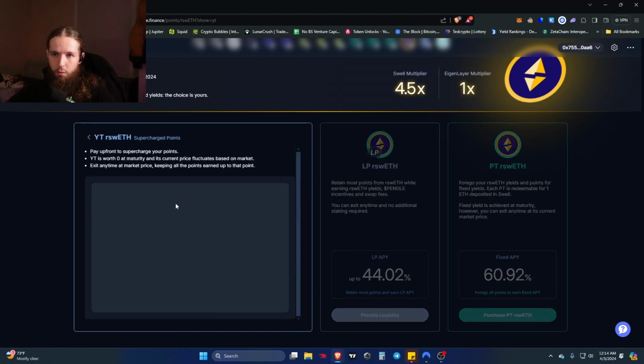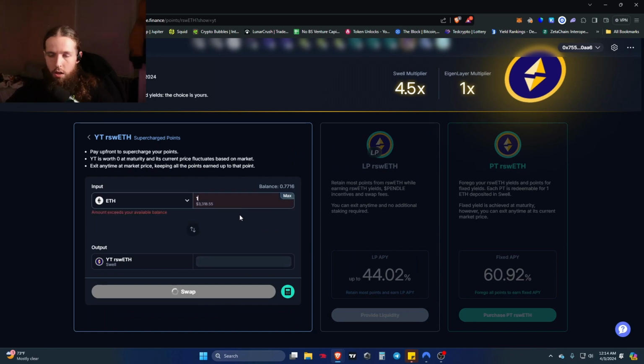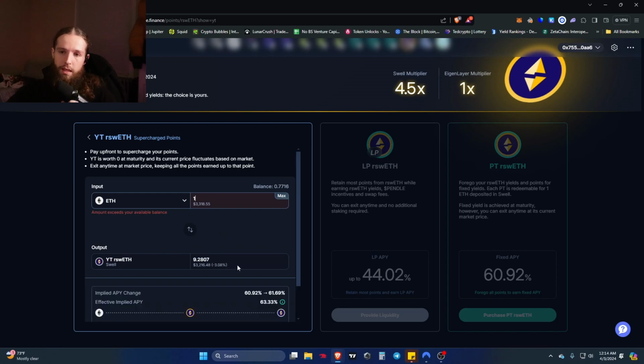But the way that would work is if I were to spend 1 ETH, I would be taking out 9.28 YT RSW ETH. So basically that would be, I would be spending 1 ETH and taking out 9.28 ETH worth of yield on this token.